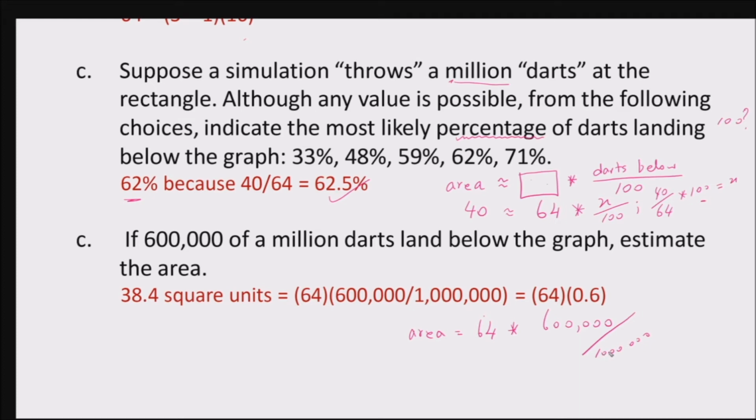You just cancel out the zeros, and then I have 10 below. Multiplying 64 by 6 gives you 384, divided by 10, which gives you 38.4. So that's the answer, and that's how we calculate it.